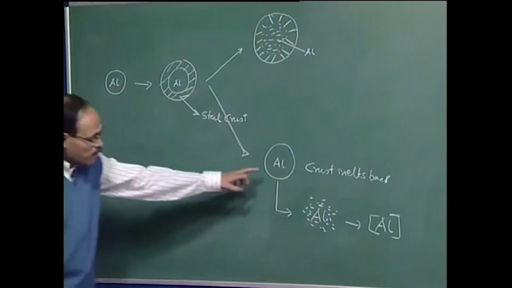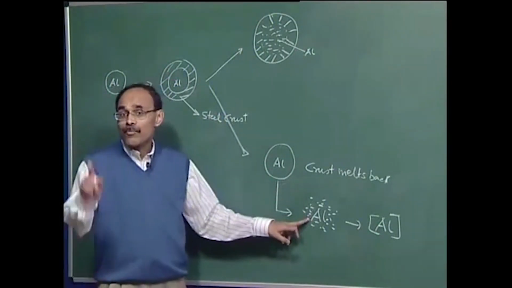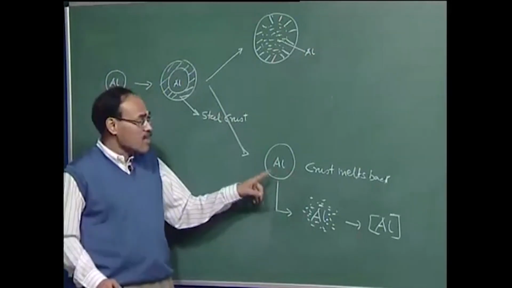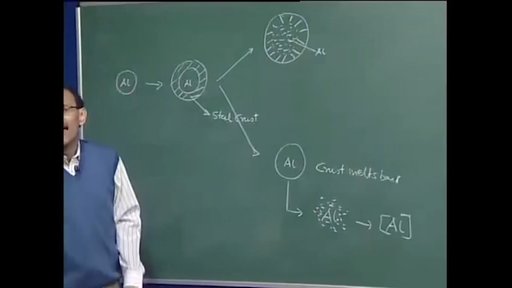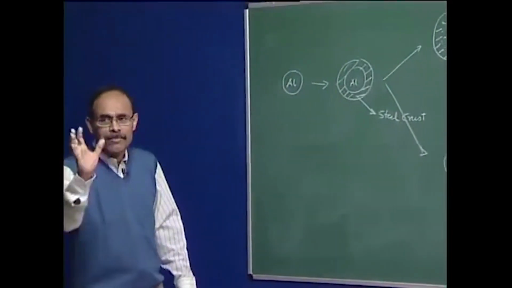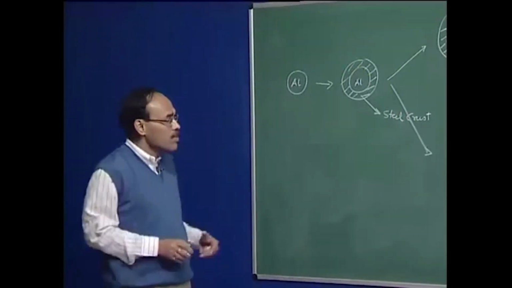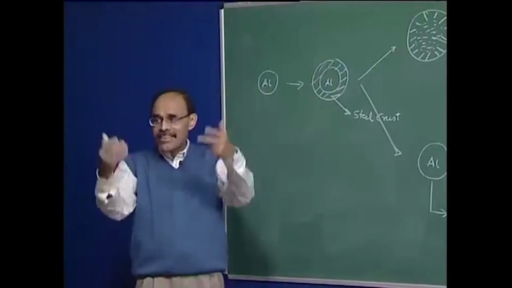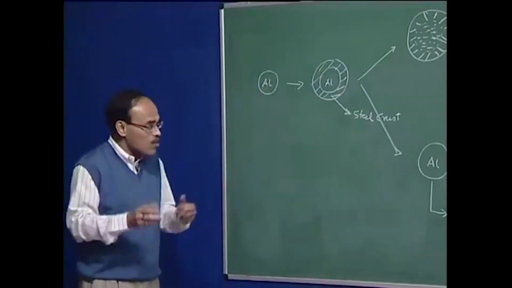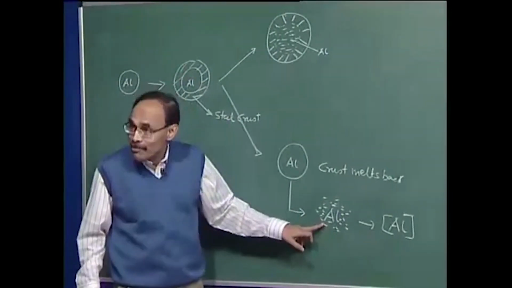Now, this particular step I would like to draw your attention to can only happen provided the addition has a melting point lower than the bath temperature itself. For example, if I add ferroniobium, of course I am not going to add ferroniobium to deoxidize the bath, but just to mention in this context, ferroniobium has a melting point greater than that of the steel bath temperature, which is about 1600 degrees centigrade, so ferroniobium will never melt in steel.